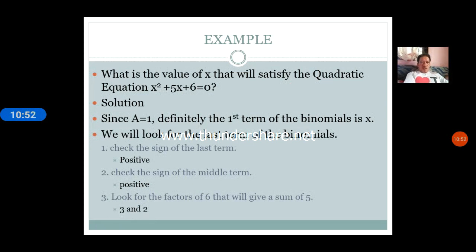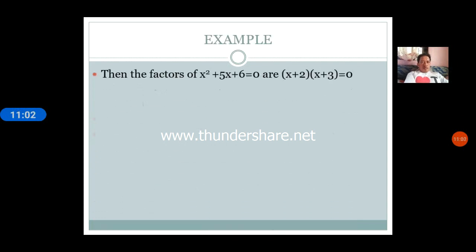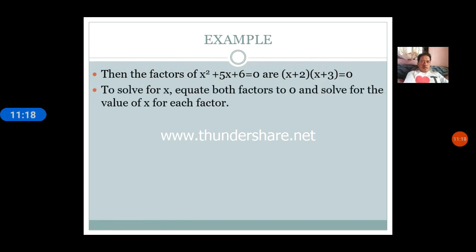So you will use 3 and 2 for the last terms of the binomials. Then the factors of x squared plus 5x plus 6 are x plus 2 and x plus 3.